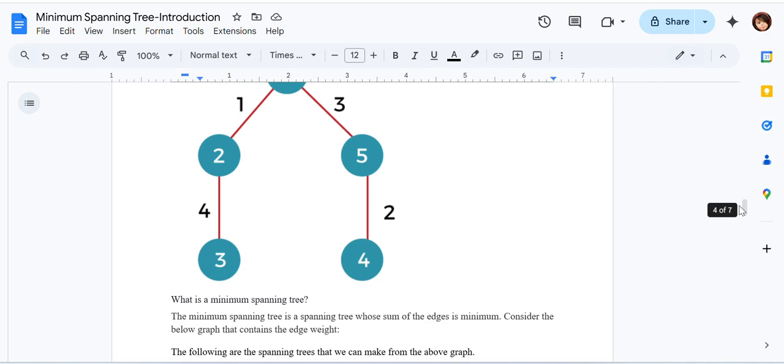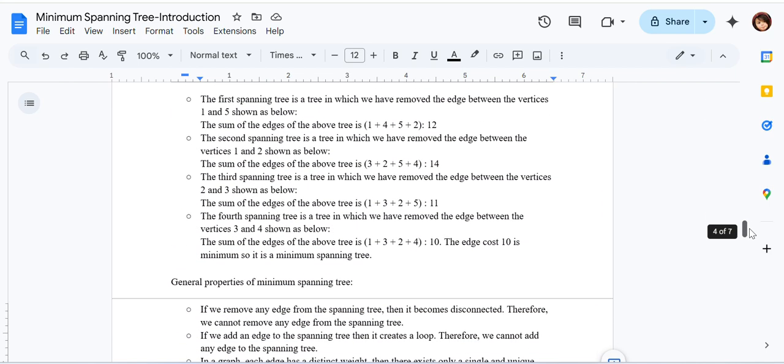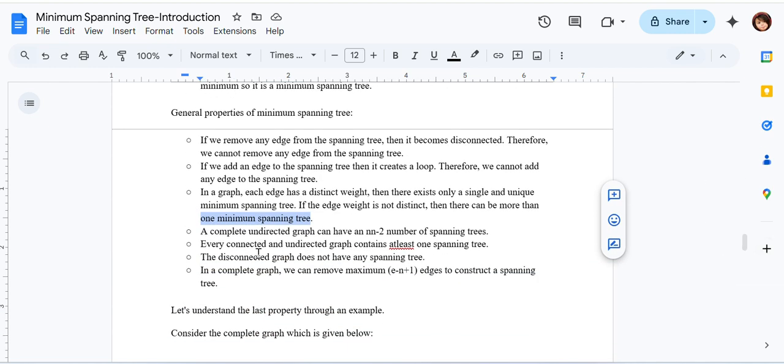For example, if the weight of 1 to 2 is 1 and 1 to 5 is also 1, in that case I can have two different spanning trees. Here all the weights are unique, so I can go with them. If the weights are the same, I can have more than one minimum spanning tree. A complete undirected graph can have n minus 2 spanning trees.